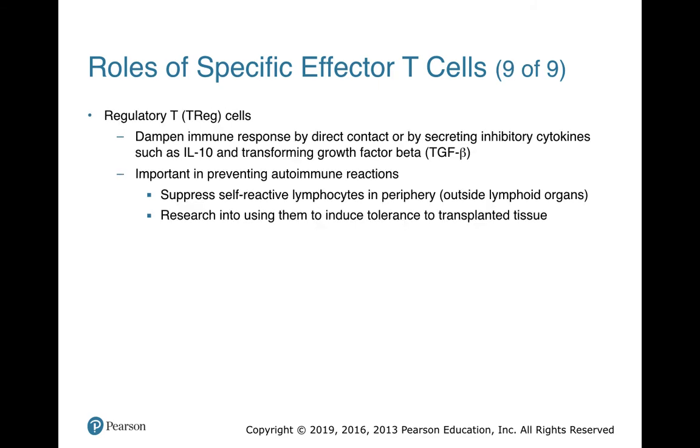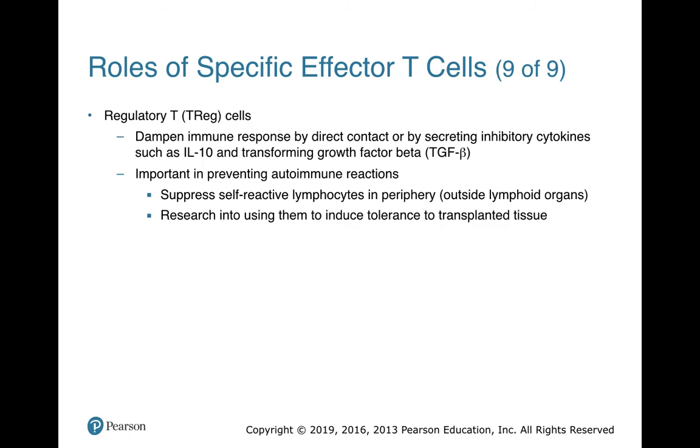Regulatory T cells, we don't have as much information on these as we do on some of the others, but there is evidence that they are out there. They dampen the immune response either by direct contact with the target or by secreting inhibitory cytokines like interleukin 10 and transforming growth factor beta.